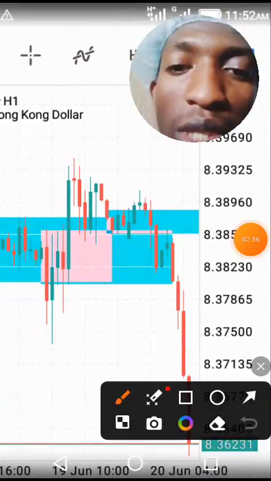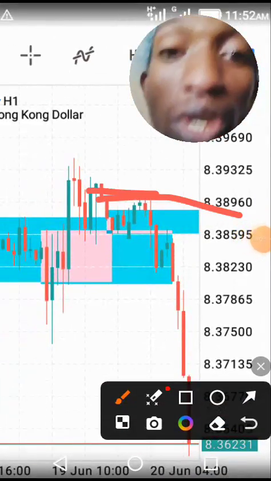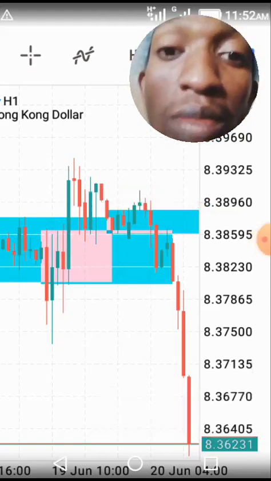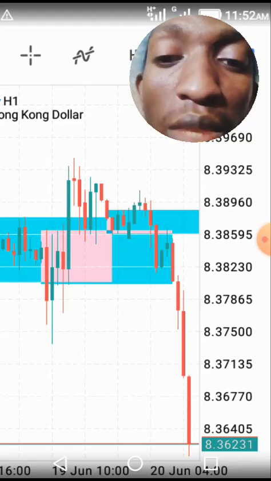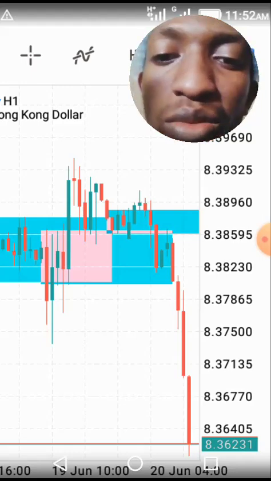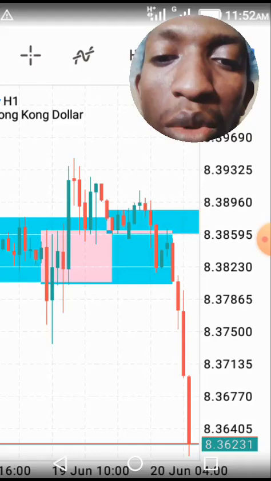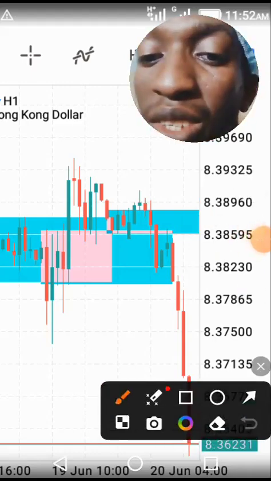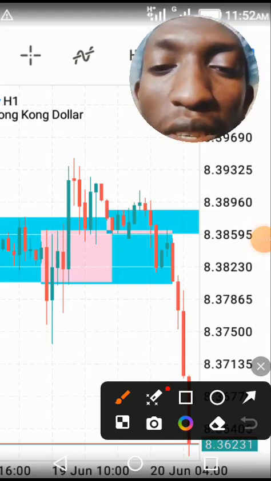Seems like we need some more run, but if it had pumped a little bit more, I would have entered. But as you can see, this is not convincing at all. So we have to wait. Patience is very, very important.